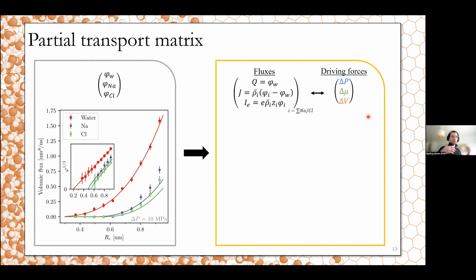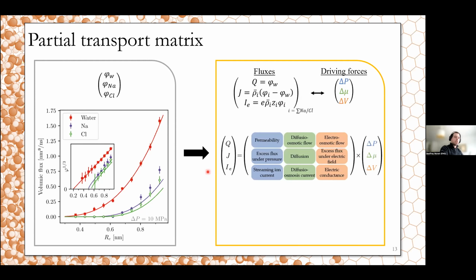Or we can apply an electrical potential drop. Thus, we can write the thermodynamic flux as a linear response to the thermodynamic driving potential, and we end up with the transport matrix. Something very interesting is that the transport matrix has the fundamental property of being symmetric. Thus, for example, it is expected that the electroosmotic flow, which is the water flow caused by an electrical potential drop, is equal to the streaming current, which is the electric current generated by a pressure drop.